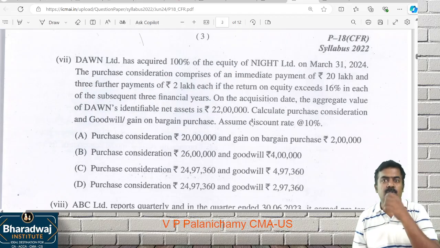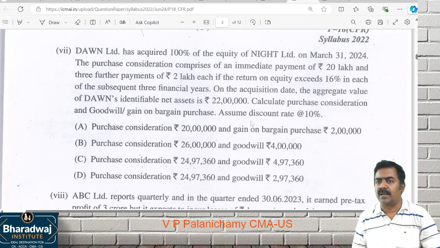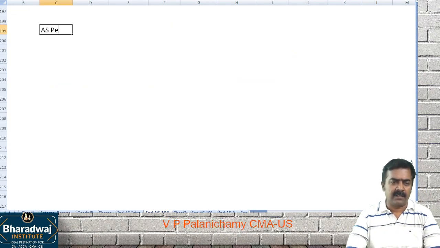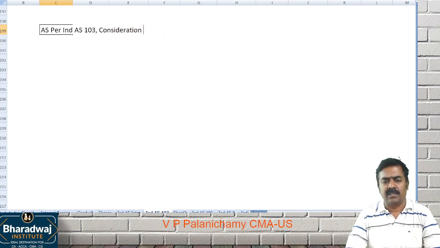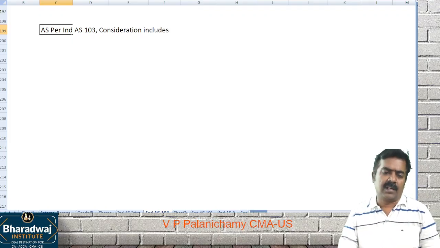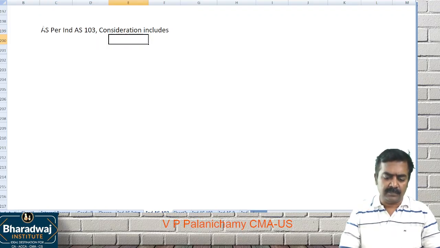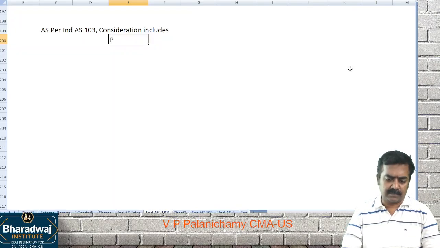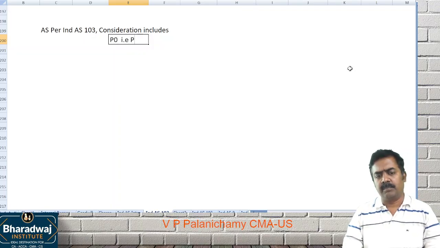Purchase consideration includes which one? Current consideration and which one? Deferred consideration. As per Ind AS 103, consideration includes what? Current consideration. What is the fair value of shares given? Immediate payment, that is present or current payment.